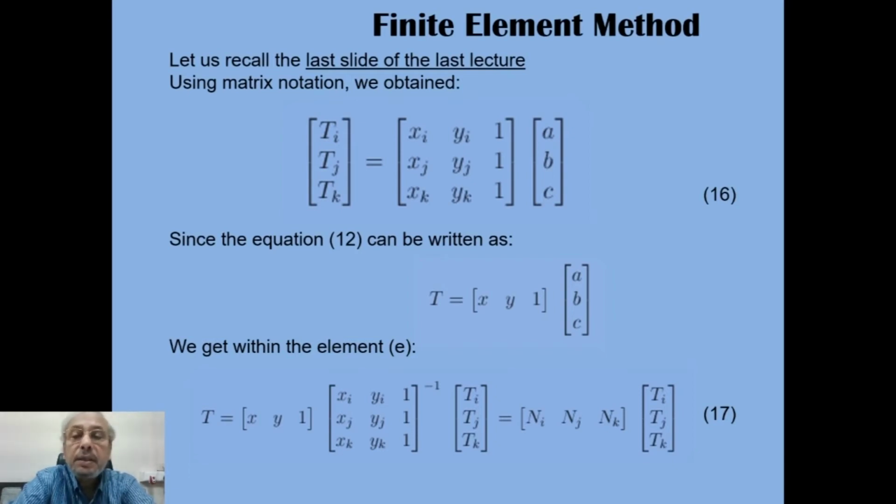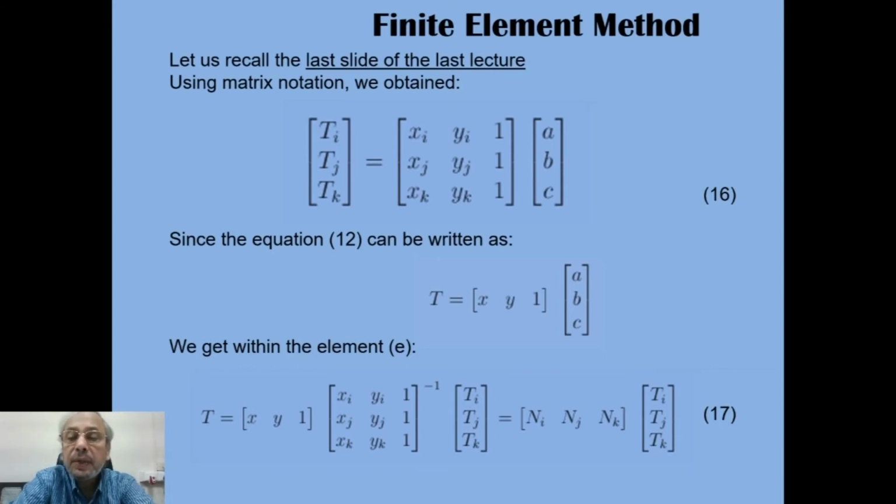This is basically given by equation 16, and also you may recall that T is given by equation 12, which is x, y, 1 multiplied by a, b, c, the column vector.